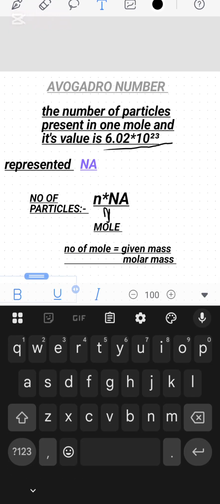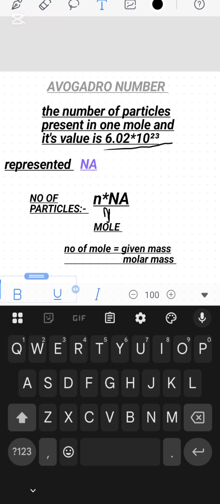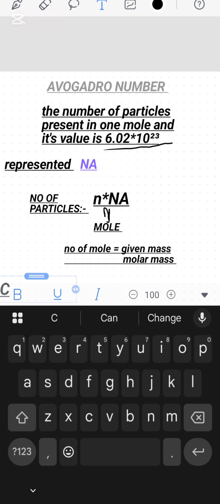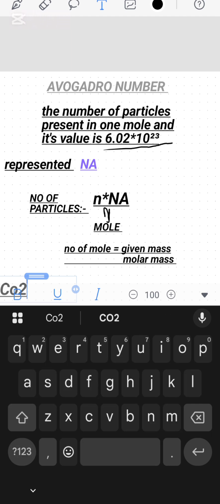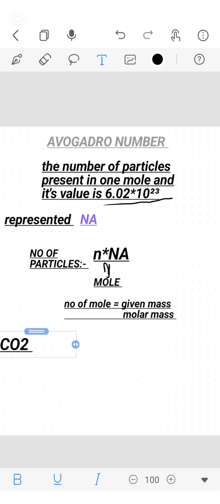See, in yesterday's class we were finding atomic mass. So suppose we are finding it for CO2, carbon dioxide.